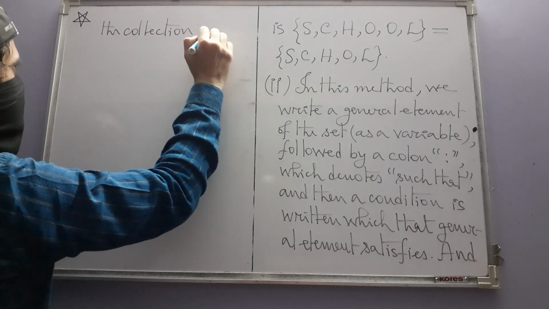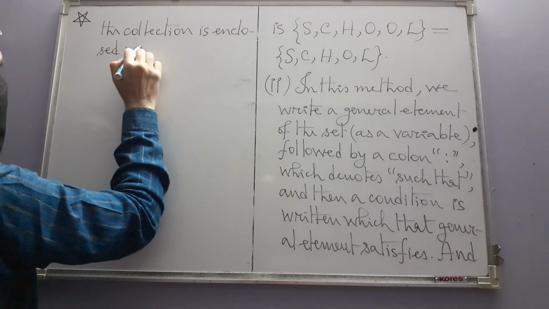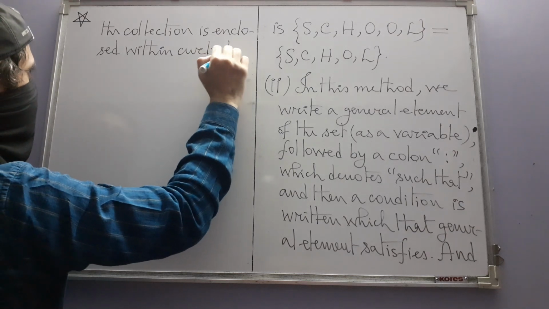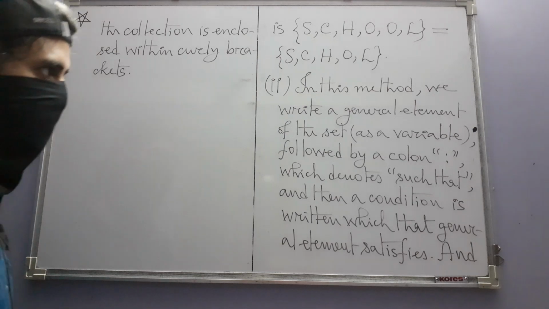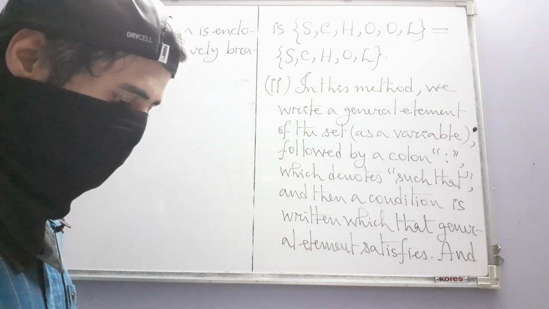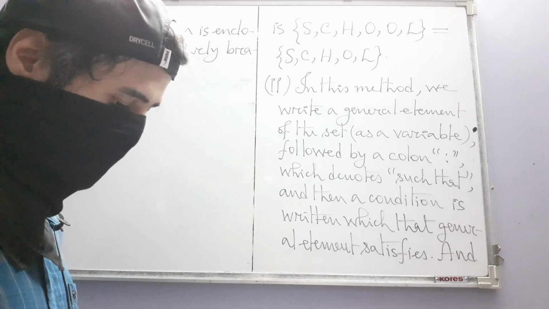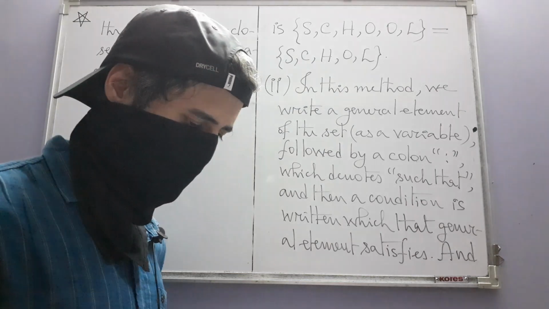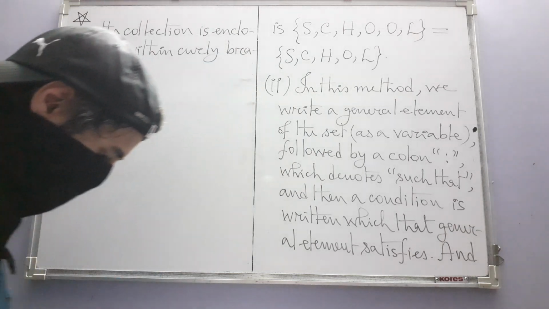Now what is this? An example will make it clear. How many examples are shown here though? 3, only 3, okay, anyway.